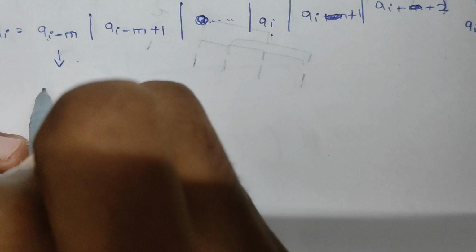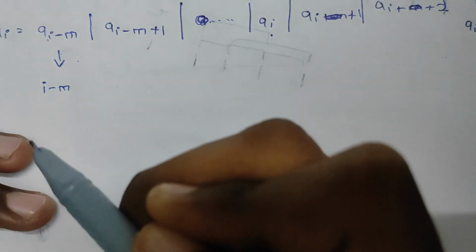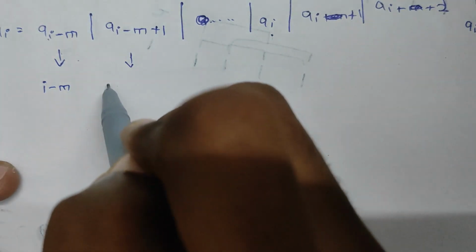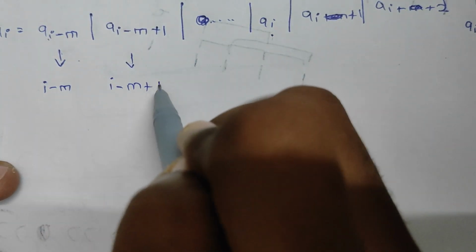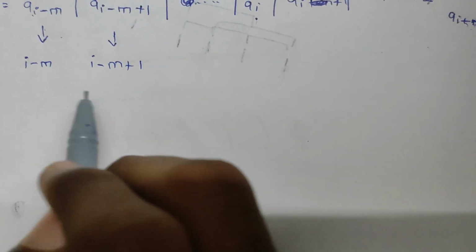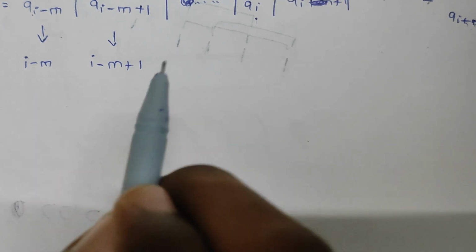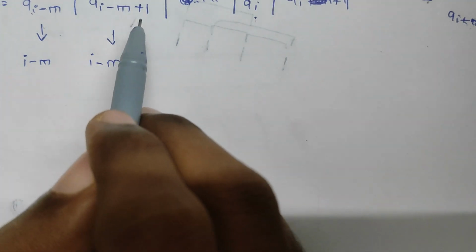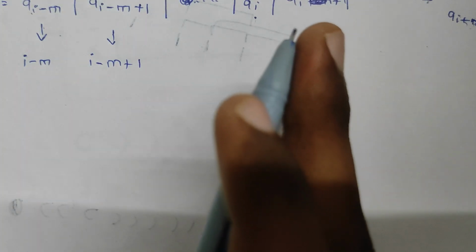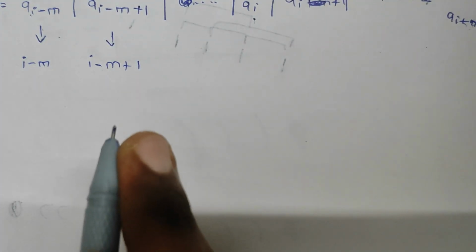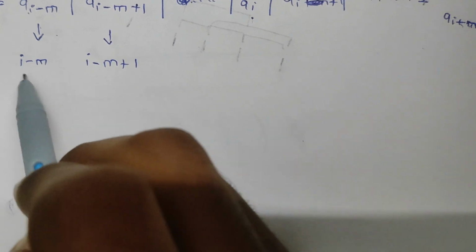So what is basically ai minus m? Ai minus m will be i minus m, according to the initial value, and this will be equal to i minus m plus 1. Even though these values will get changed in the second operation, third operation, fourth operation, and so on, these will be the values that will be mainly affecting ai.